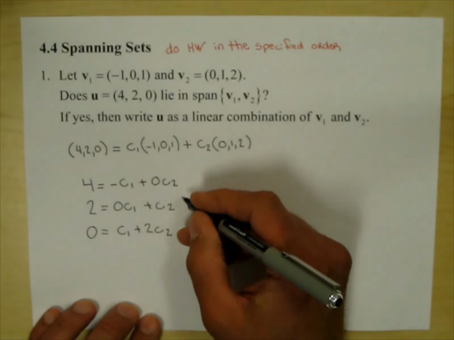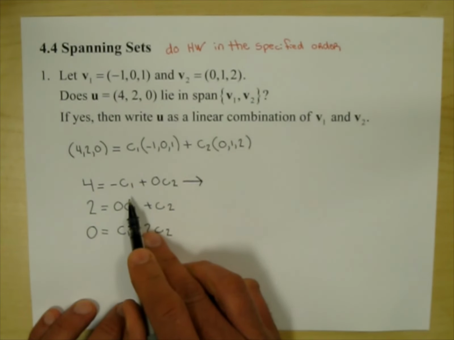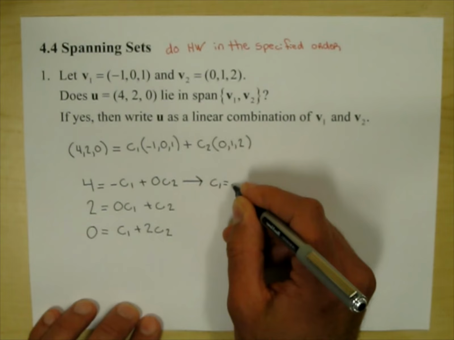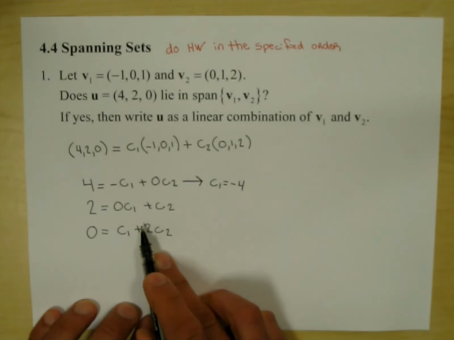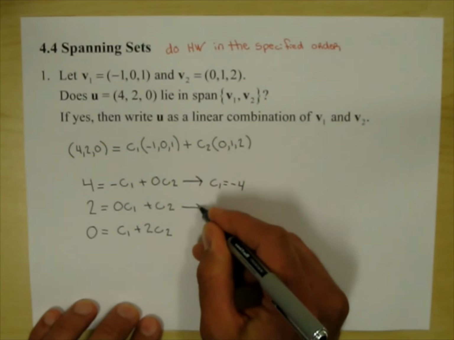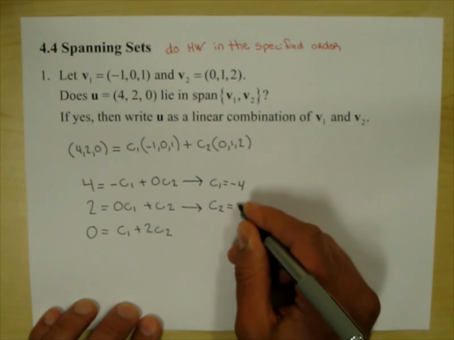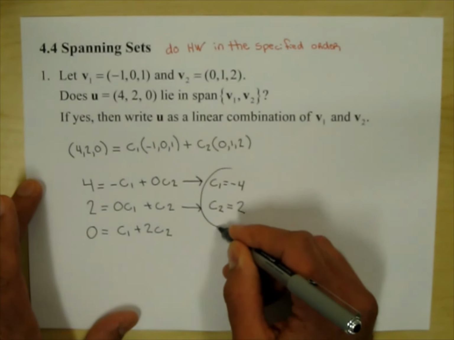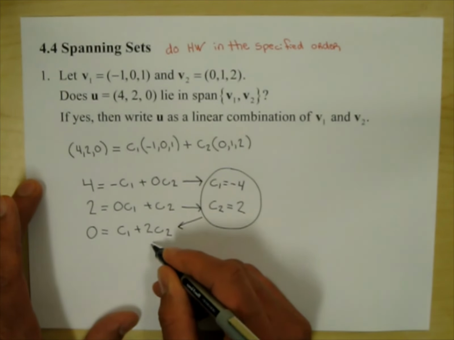So look at that first equation. That first equation I could already solve for C1. C1 equals negative 4. And the second equation we can solve for C2. It's already done, really. This is C2 equals 2. Now, I've got to make sure that that works in the third equation.